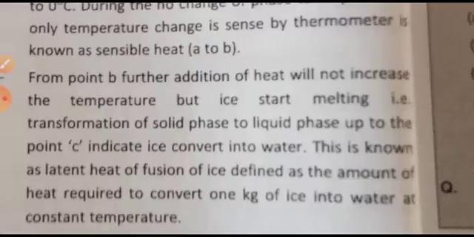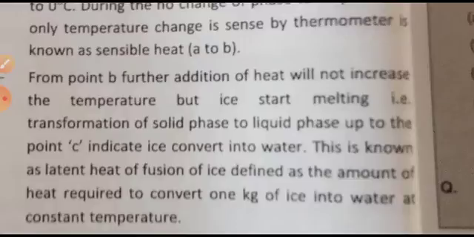From A to B, what was happening? The state was not changing, but temperature was rising. That was sensible heat. But in this case you can see the state changing, but at constant temperature. A to B, we are giving heat by raising temperature.